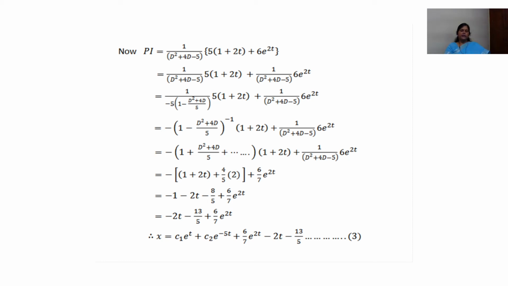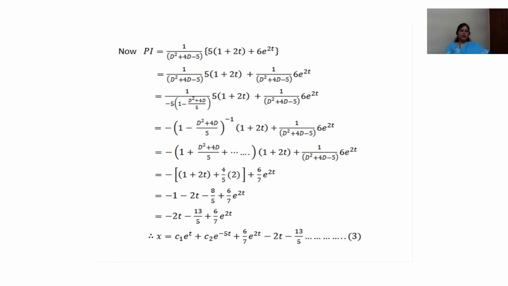Two kinds of functions we have: one is an exponential function, another one is a polynomial function. So we are going to make those two terms separate. That's why we get 1/(D² + 4D − 5) into 5(1 + 2t) as the first term. The second term is 1/(D² + 4D − 5) into 6e^(2t).